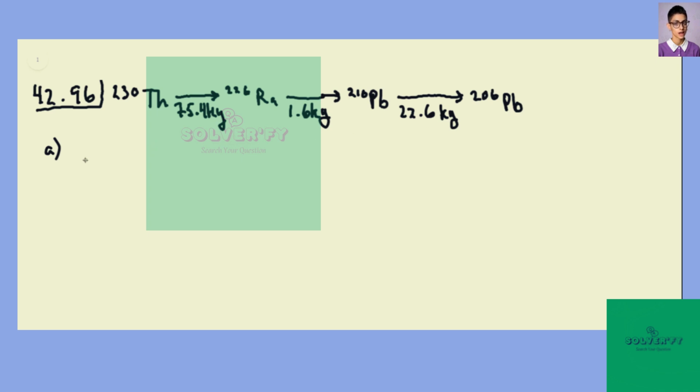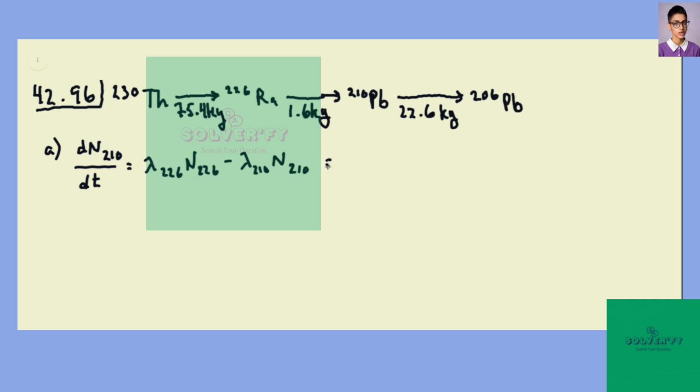So the first thing we want to do is show that the rate at which the number of lead-210 atoms changes is equal to lambda 226 N226 minus lambda 210 N210.